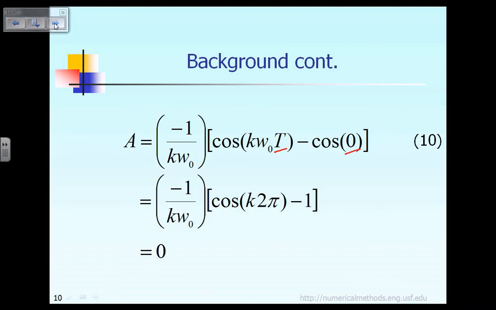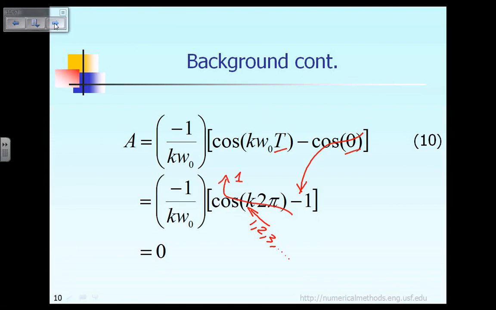And then obviously cosine of 0 is equal to 1. Furthermore, we also know that for any integer value of k, could be 1 or 2 or 3 and so on, cos of k 2 pi is also equal to 1.